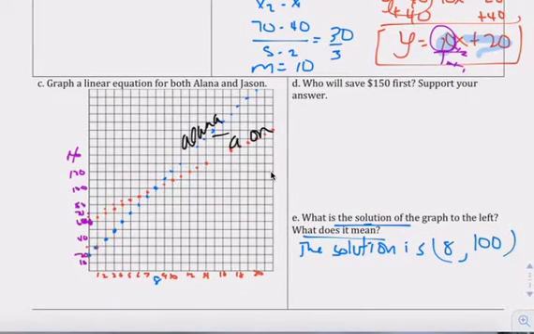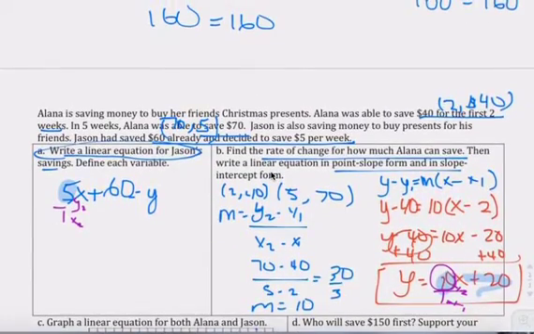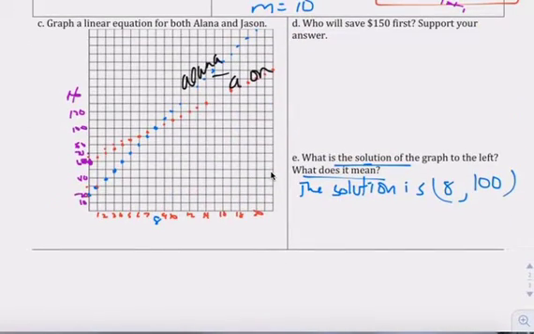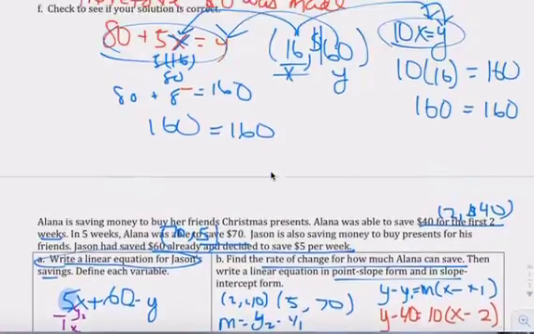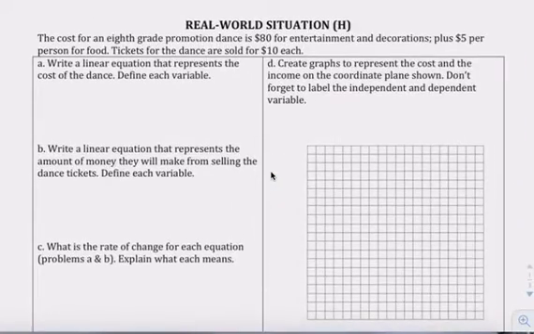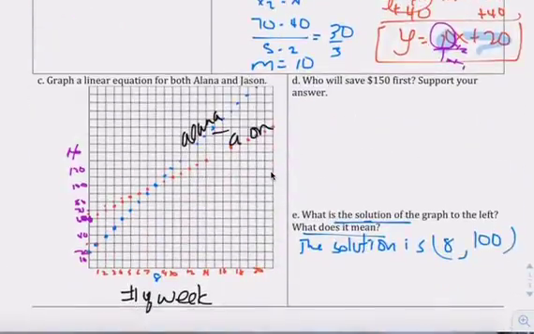Oh, look, we don't know what 8 means because we didn't label it. 8 is 8 weeks, I bet. Yes, these are numbers of weeks. And it's dollars. It's the money.